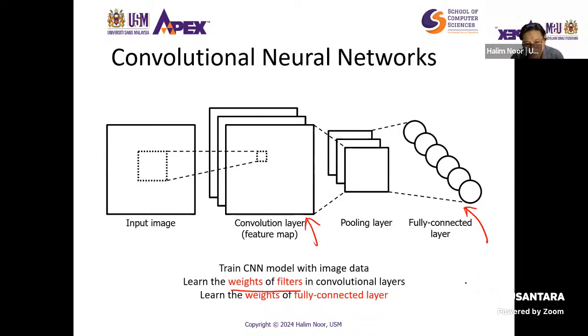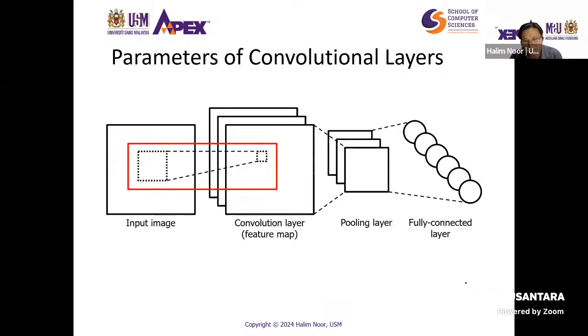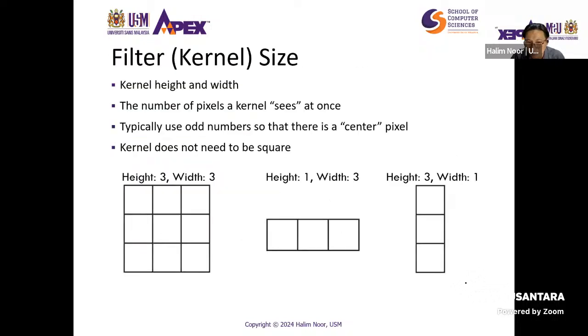Now, let us look at the parameters of the convolution layers. You have to know the parameters in order to build a network, either using TensorFlow or PyTorch, because you have to define them. The first parameter that you have to set is the filter size or the kernel size.